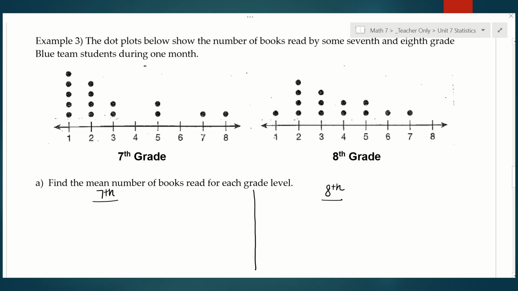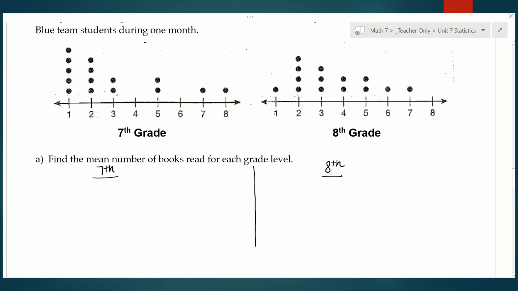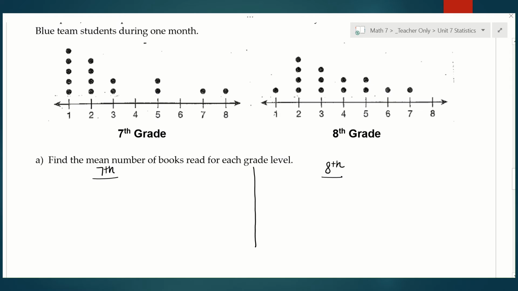What do you think? All right, so I am going to show this as, instead of 1 plus 1 plus 1, so on, I'm going to say 1 times 5 dots plus 2 times 4 dots plus 3 times 2 dots plus 5 times 2 dots plus 1, 7, and 1, 8.